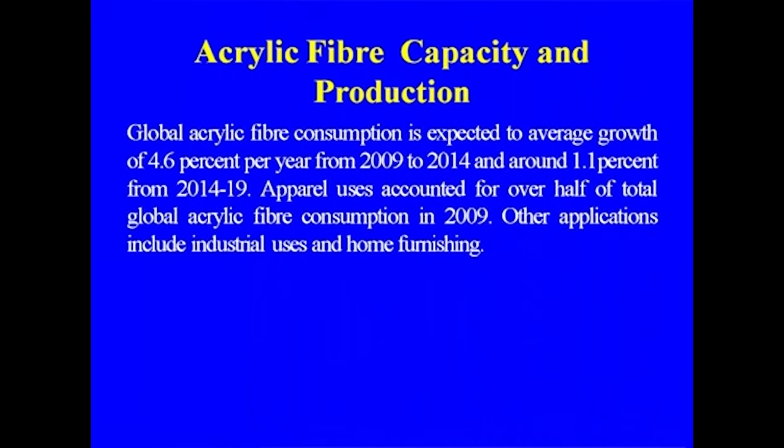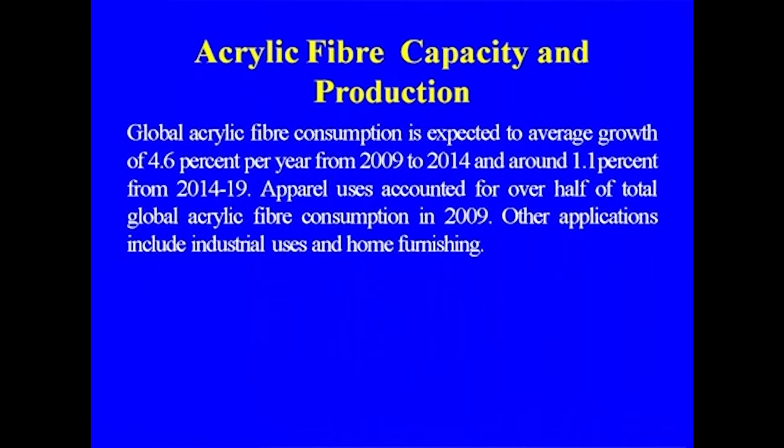The global acrylic fiber consumption is expected to grow on average 4.6% per year from 2009 to 2014, and around 1.1% from 2014 to 2019. Apparel usage accounted for over half of the total global acrylic fiber consumption in 2009.